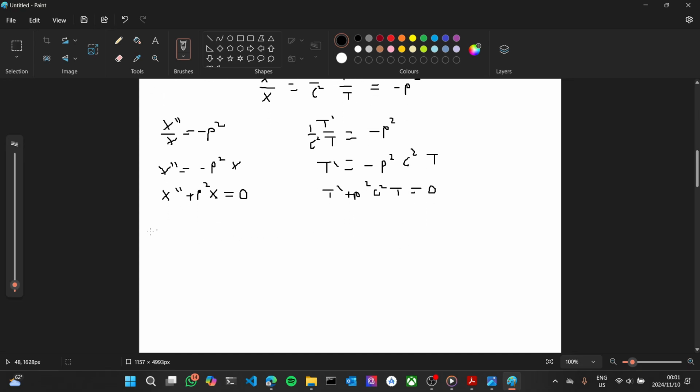Alright, now the general solutions for these two equations will look like this.